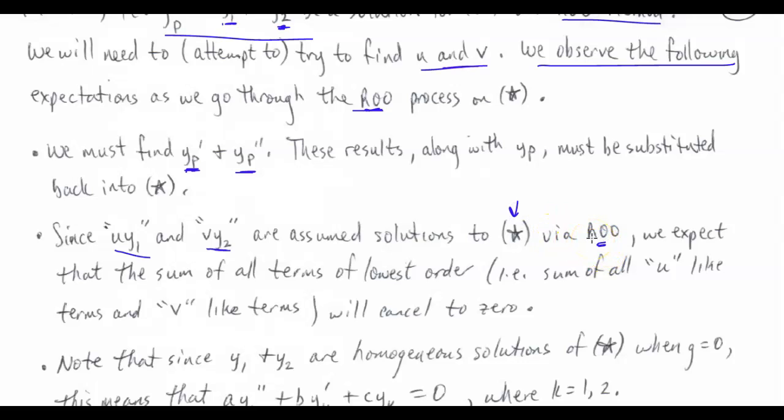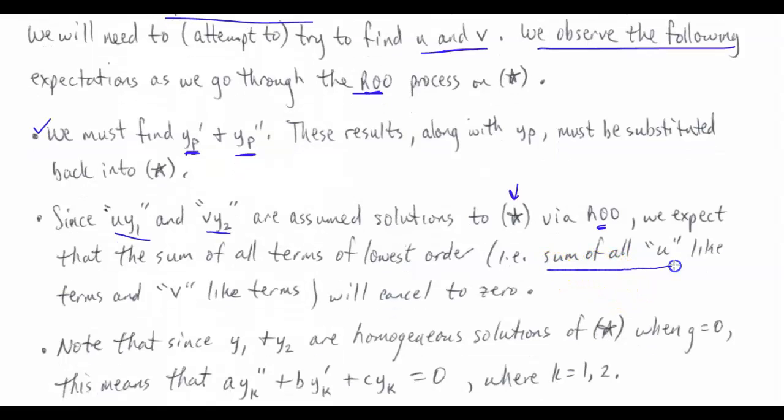In the reduction of order process, one of the things we expect is that once we do all this substituting of y sub p prime and y sub p double prime and get everything worked out, the terms that have the lowest order of u and v, mainly terms that have u in them and v in them, are all going to add up and cancel to 0.